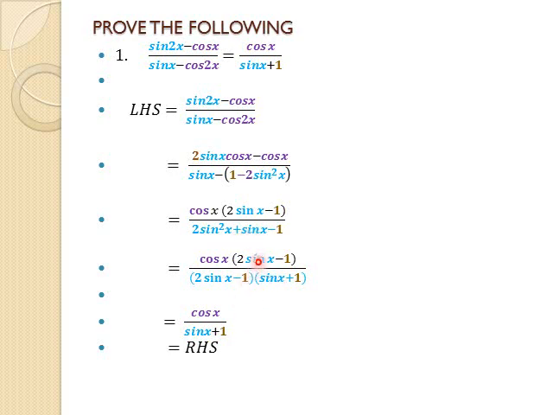You can see that this bracket and this bracket are the same, so we can cancel them. I'm left with cos x on top, over sin x plus 1. That is the same as my right hand side, so the statement is valid and true, and I've proven the identity.